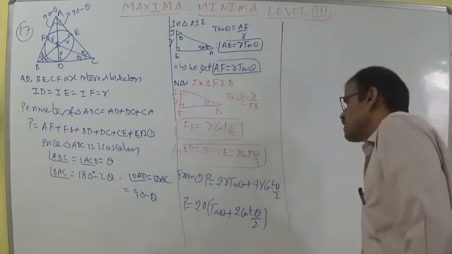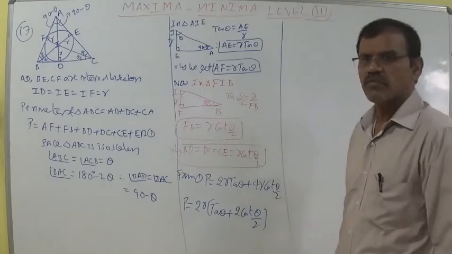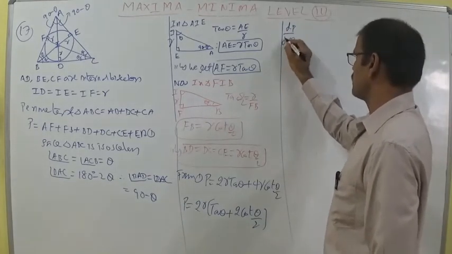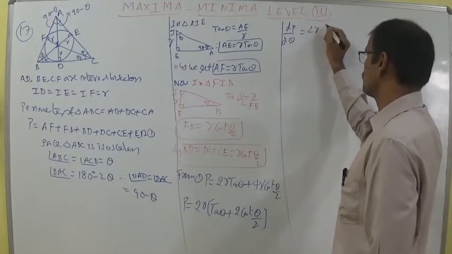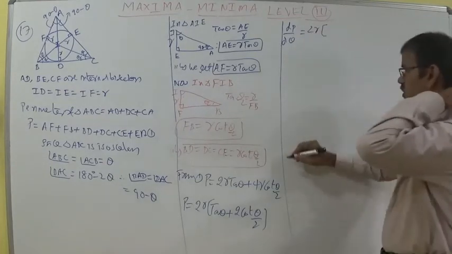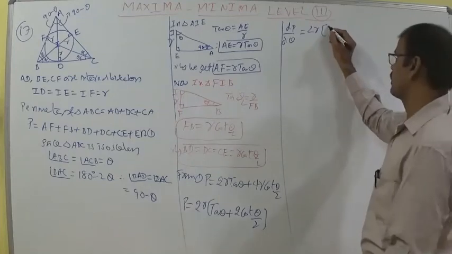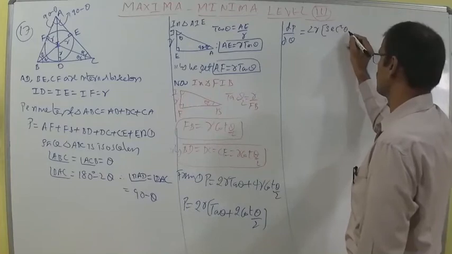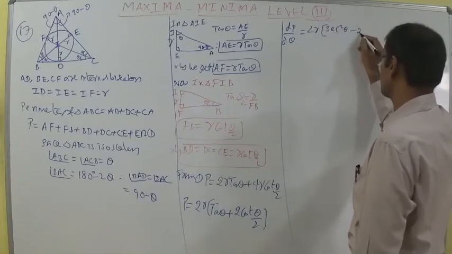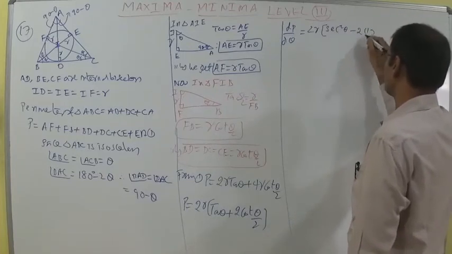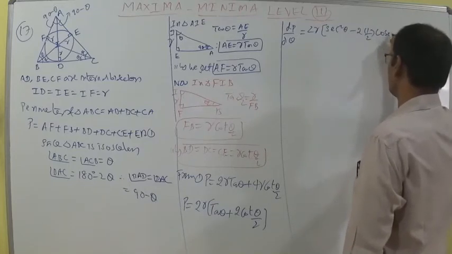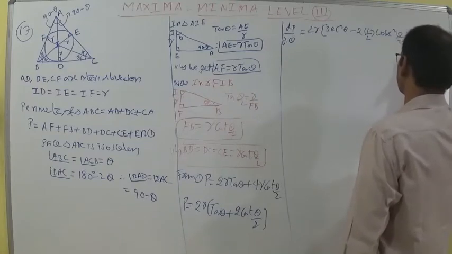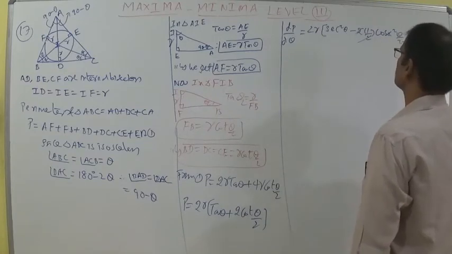To find whether the perimeter P is minimum or maximum, we write dP by d theta is equal to 0. 2R into the derivative of tan theta, which is secant square theta, minus 2 into the internal derivative 1 by 2 times the derivative of cot theta, which is cosecant square theta by 2.